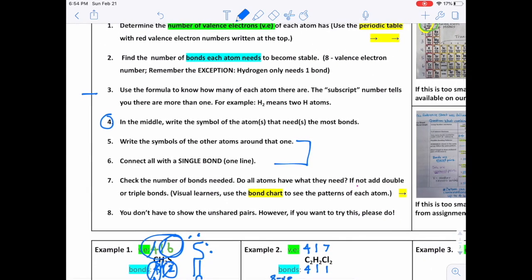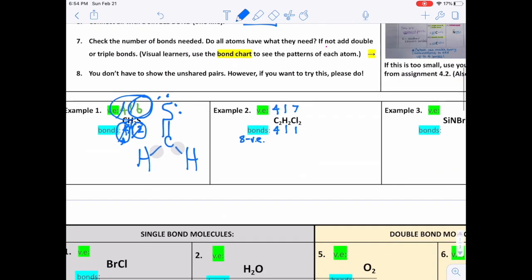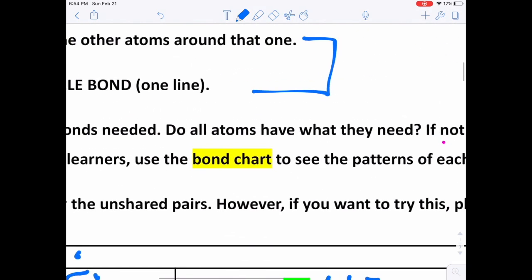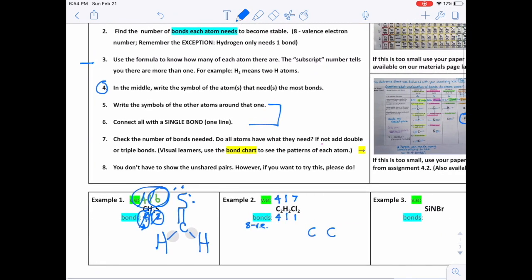So I'm on step 4 now. In the middle, write the symbol of the atom or atoms that need the most bonds. So this time I have 2 carbons, they both need 4. So I would put both those carbons kind of together in the middle. They're going to need a lot of bonds. Then it says, write the symbol of the other atoms around that one and connect them all with a single bond.